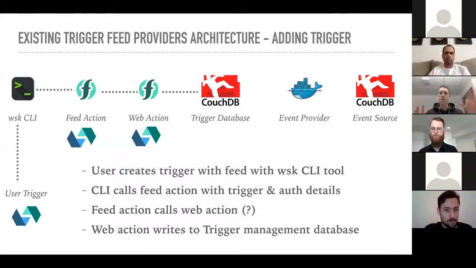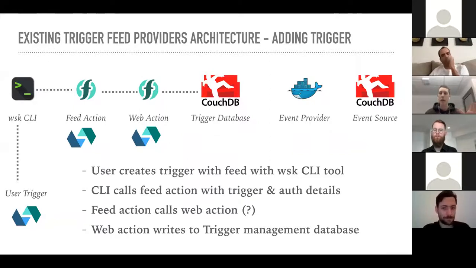What happens then is that for most of the event providers, they have a feed action that just proxies that event to a web action, which is installed privately. What this web action does is maintain the trigger lifecycle and trigger details by writing to CouchDB. So it has a CouchDB instance that keeps all of the trigger details that have been registered with that event provider.